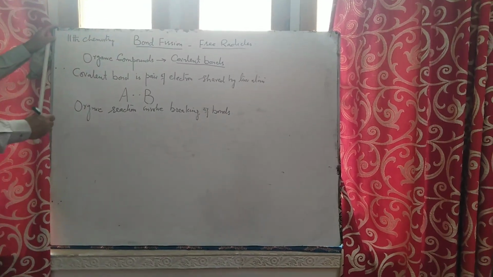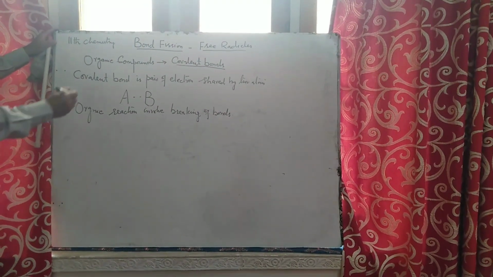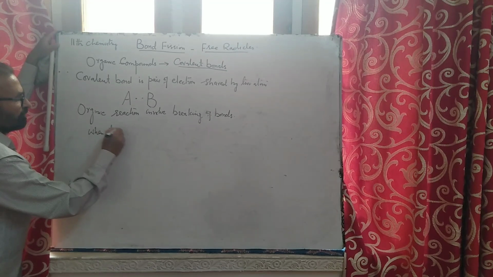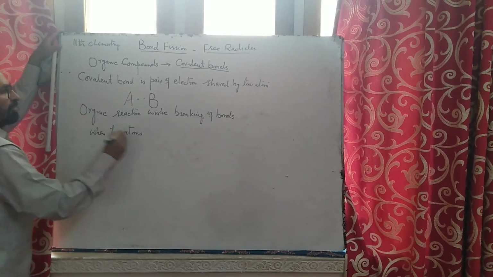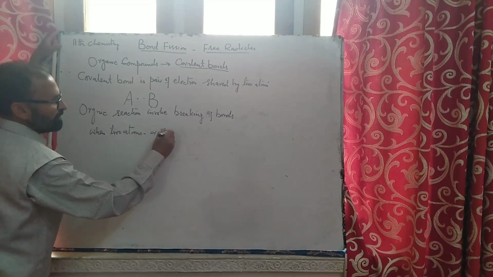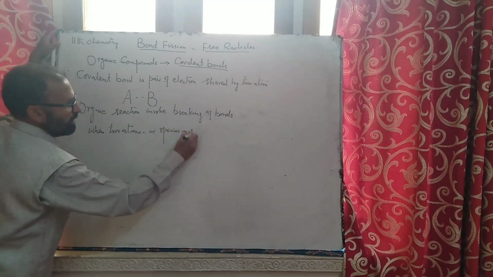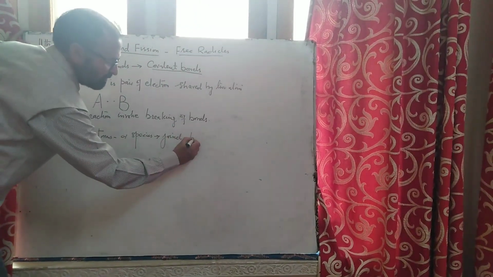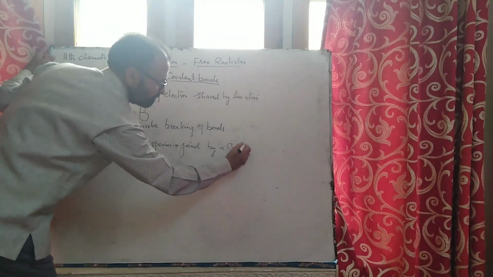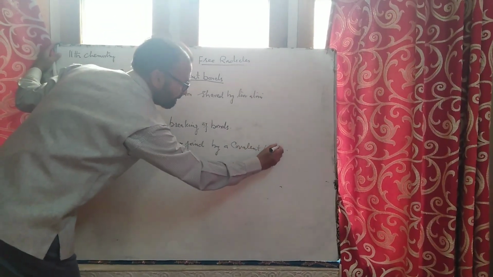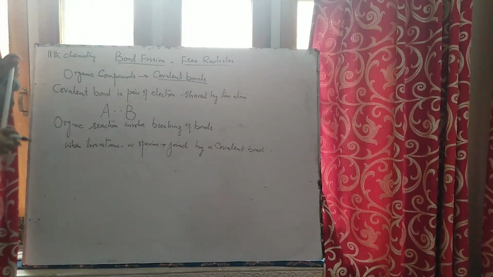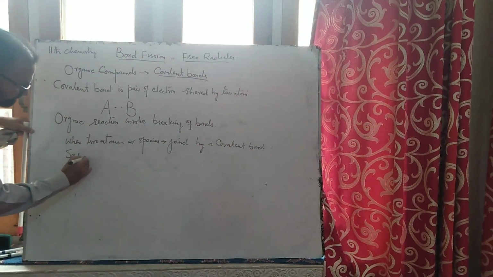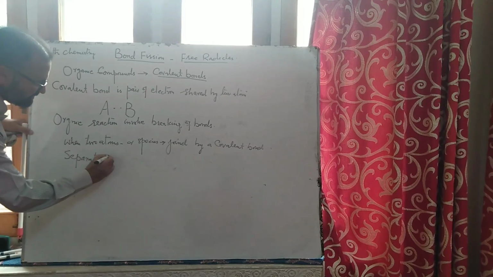So when two atoms or two species joined by a covalent bond break, when two atoms or the species joined by the covalent bond separate, the process is called bond fission.